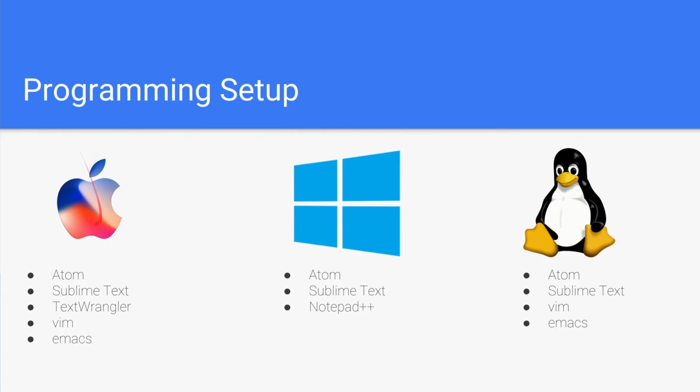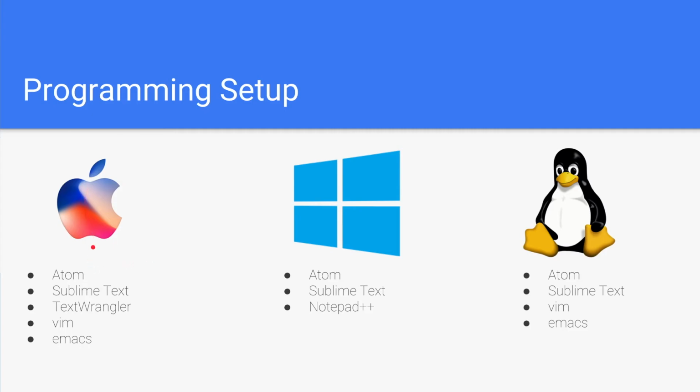If you're on macOS, there are various text editors or IDEs, which stands for Integrated Development Environment, which we'll look at in future episodes. For now, we're just going to set up our environment in a text editor and our terminal.